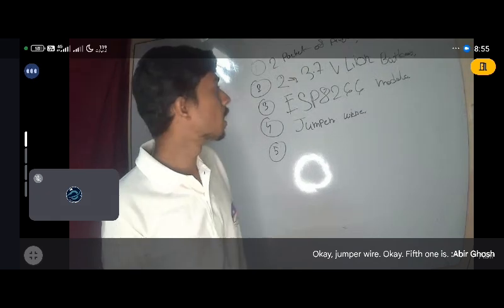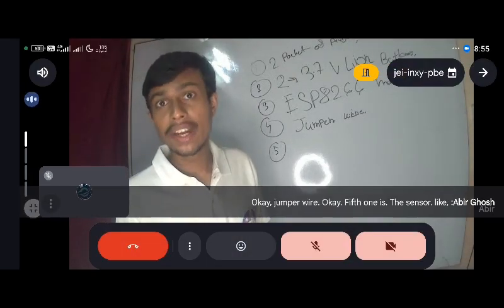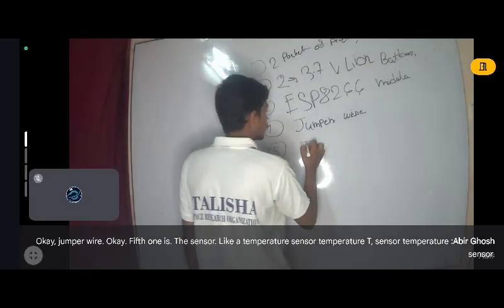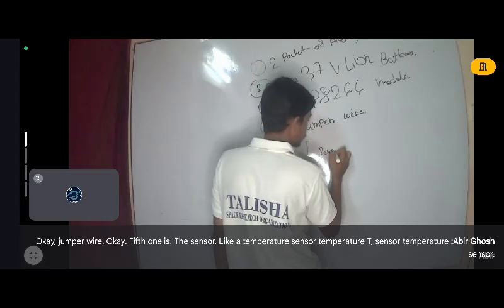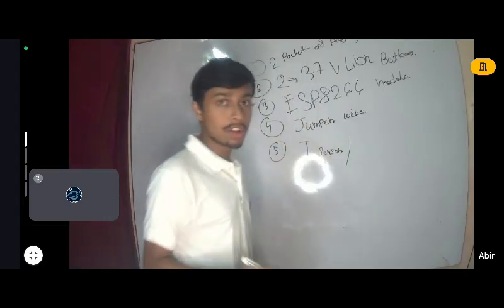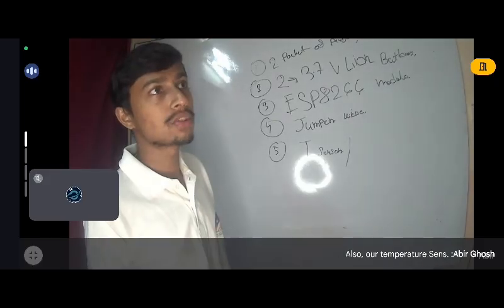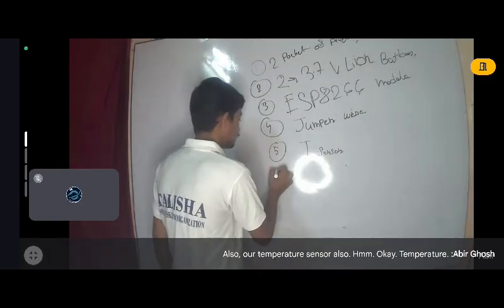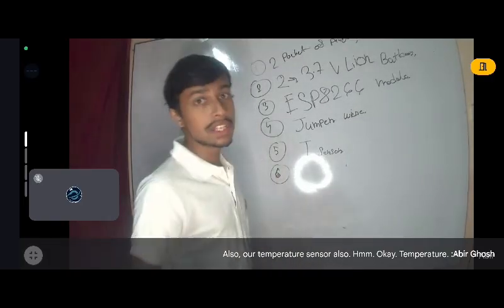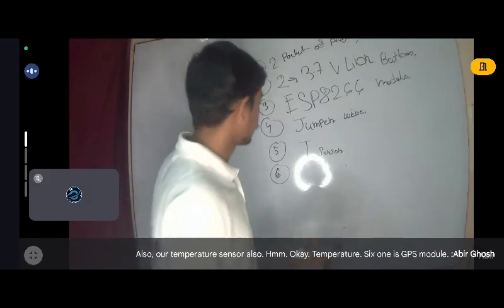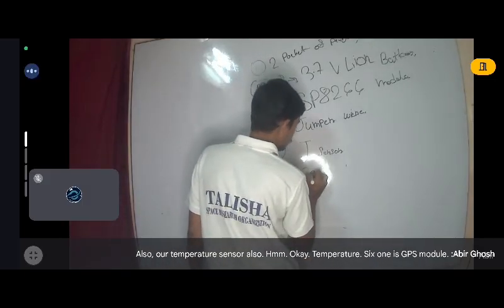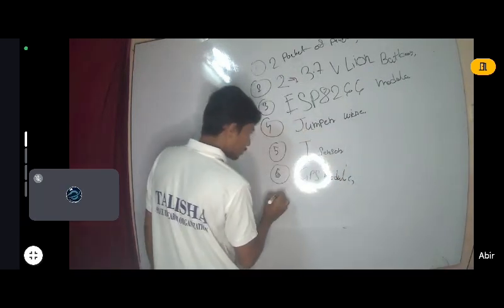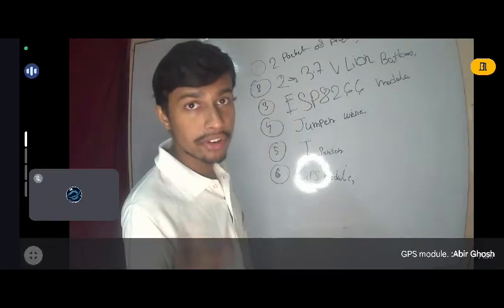Fifth one is the sensor, like a temperature sensor. Temperature sensor. Sixth one is GPS module. GPS module for Arduino.